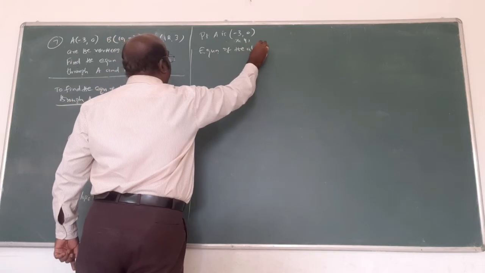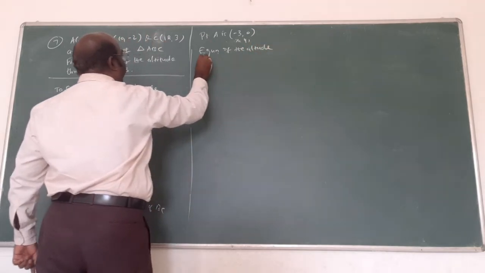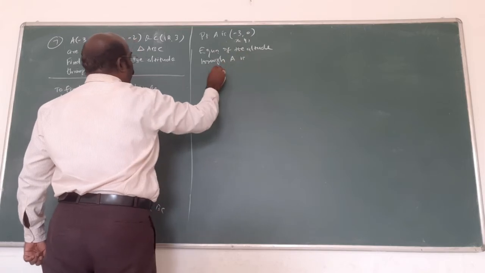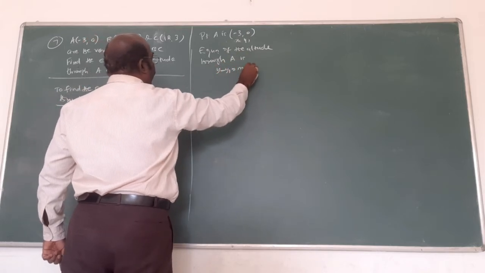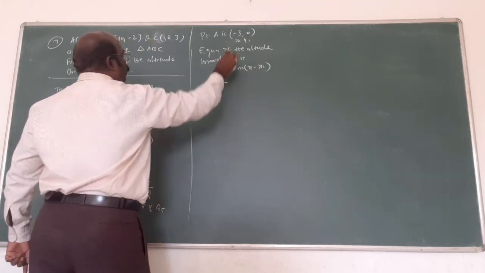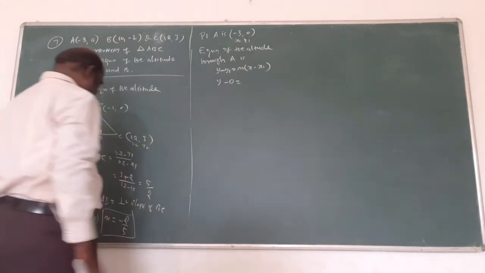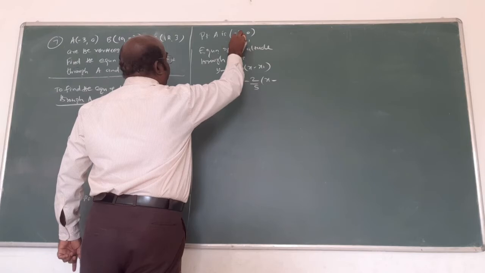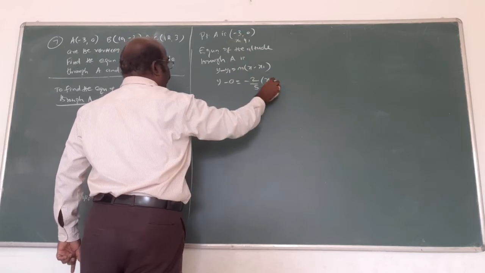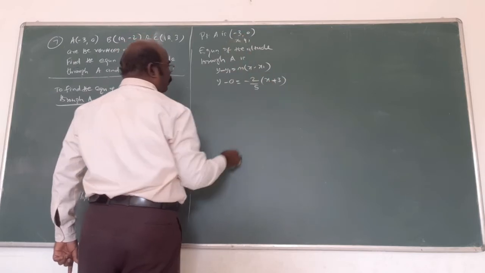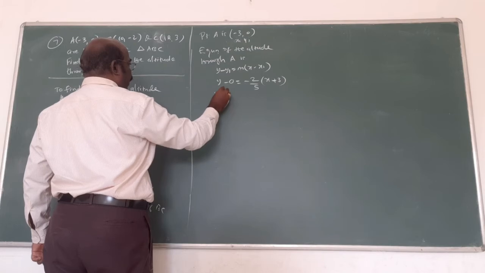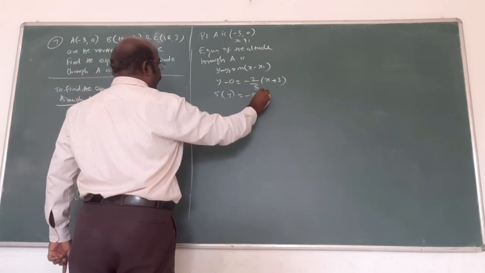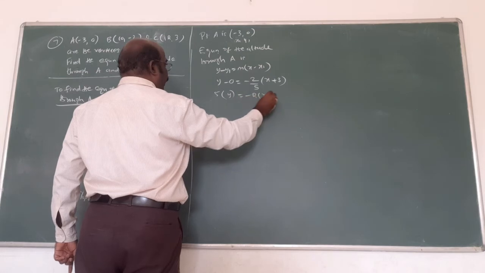altitude through A, what is the formula? One-point slope formula. y minus y1, y minus 2, equals m, which is minus 2 by 5, into x minus x1, x minus of minus 3, now plus 3. Cross multiply: 5 into y minus 2 equals minus 2 into x plus 3.